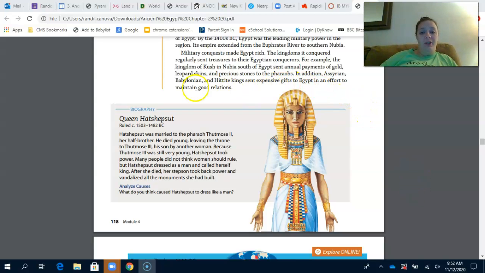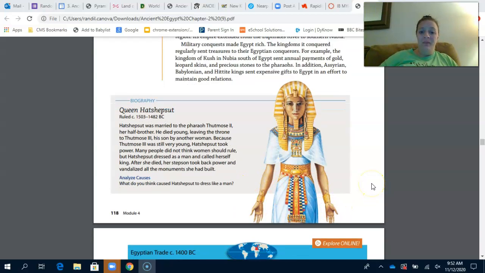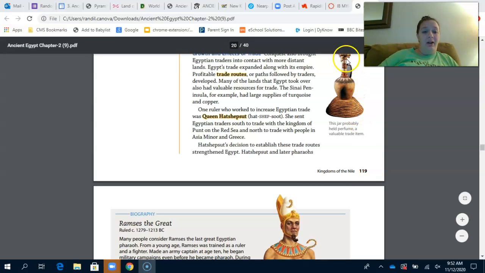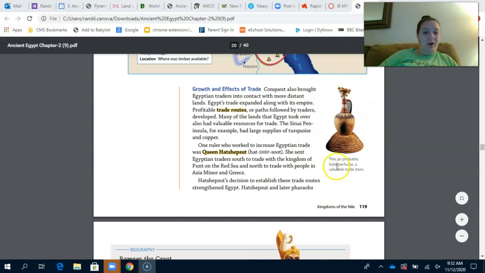So here in the picture, you see Queen Hatshepsut, and everything that she's wearing, guys, is actually considered art. We see her very fancy headdress. We see her collars that are usually made of precious stones and metals. We see she has bangles on her wrists. If we come down even further, we see some other items that would be considered art, although this is a perfume jar.